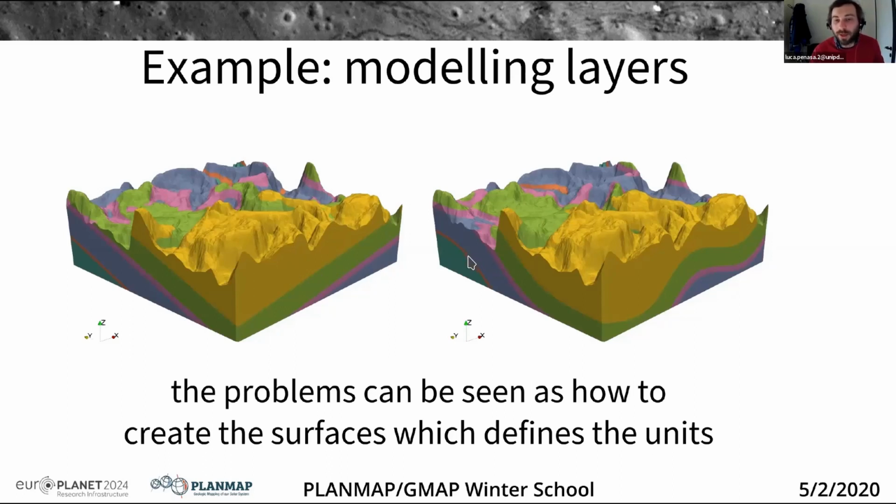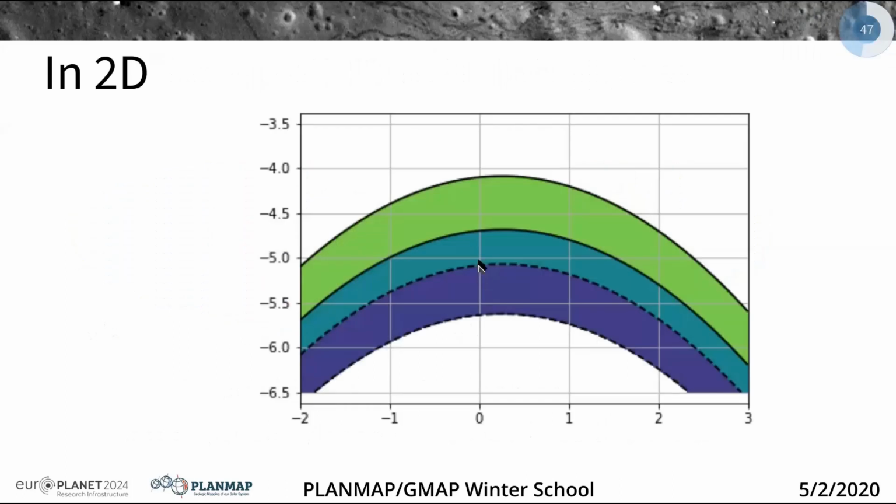The problem we are trying to solve is how to estimate those kinds of surfaces. We will see very briefly in 2D how it works. This is the kind of model we want to end up with. Of course, this is two-dimensional for simplicity, but the same applies in three dimensions.